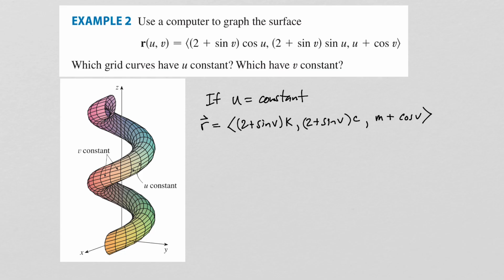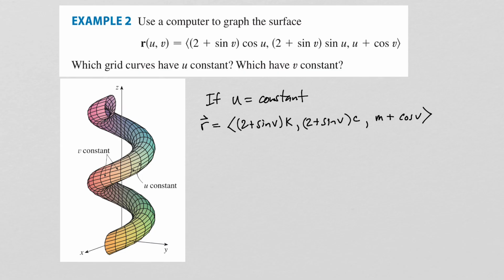For a particular constant m, the value of z is only going to be m plus cosine of v. And since we know cosine varies between 1 and -1, whatever the value of m, this z value cannot be much more or much less than that value of m. So u constant must be these curves here, these curves that are sort of circular and wrapping around this tube.